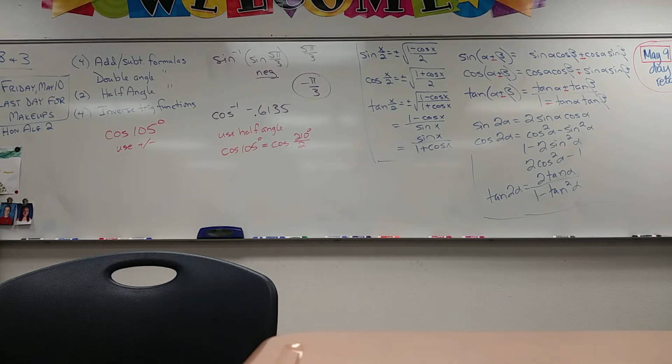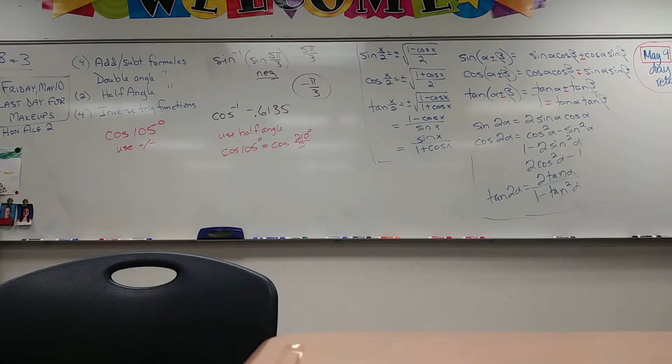Sine of 60 degrees is root 3 over 2. Sine of 45 degrees is root 2 over 2. The chart isn't that hard. It's just root 6 minus root 2 over 4.